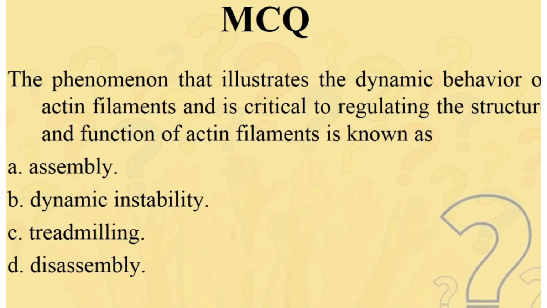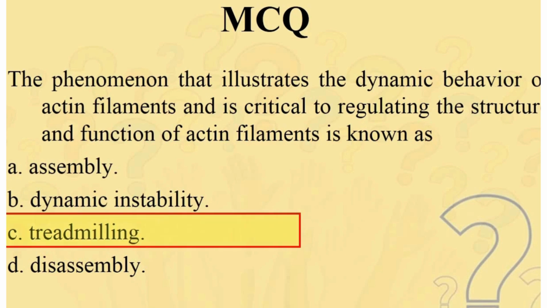The dynamic behavior refers to the constant where the rate of polymerization equals the rate of depolymerization. So based on that, the correct option shall be option C, that is treadmilling.